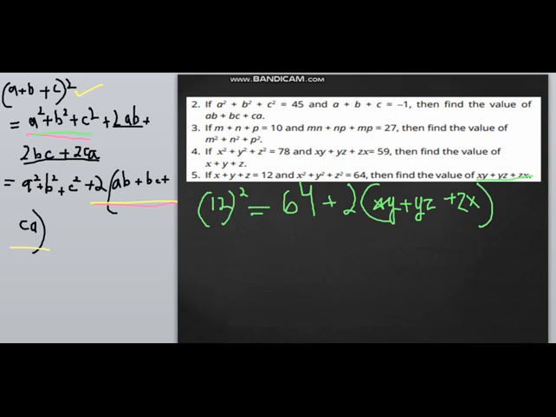Okay, 12 multiplied by 12 makes 144. And 64 is positive in here. So when it goes to the other side of the equation, it becomes negative 64 is equals to 2 times xy plus yz plus zx.